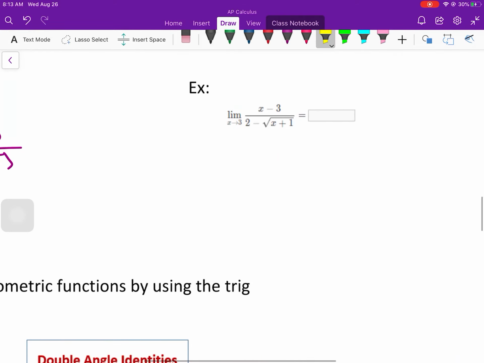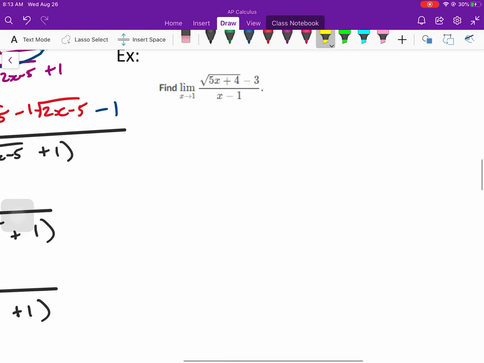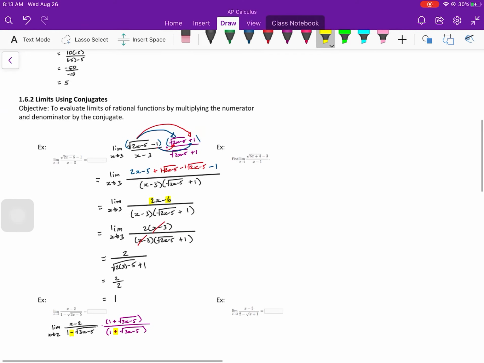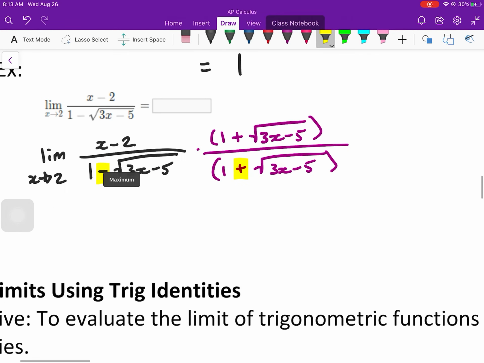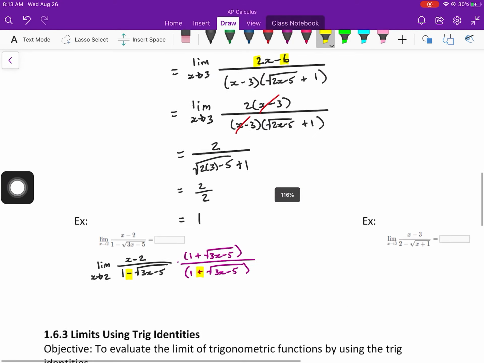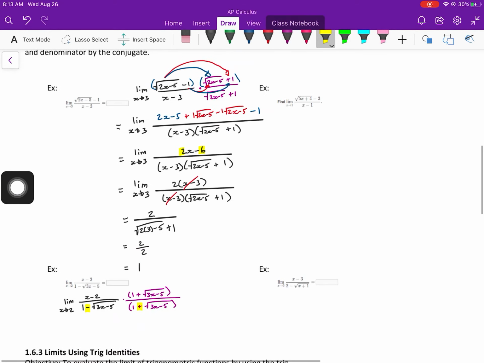Just notice that minus just becomes a plus. And if it's a plus, then you switch it over to a minus. So that's the idea of the conjugate. And then from there, whenever you FOIL this out, it'll get rid of the square root on the bottom. Things should work out and cancel. It should really end up just being the same process over and over again.